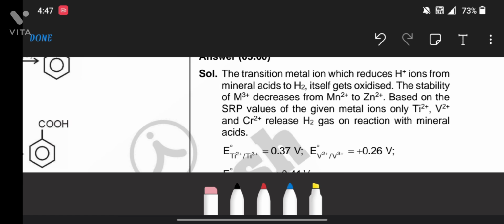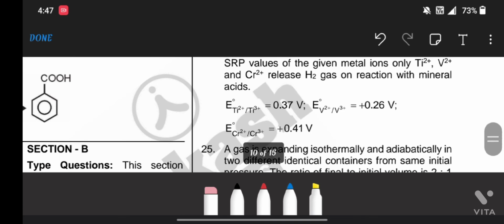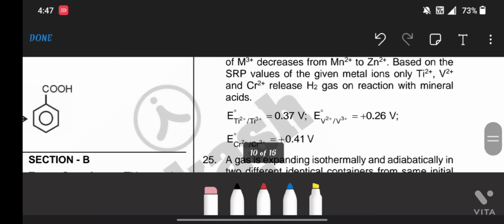If gamma is equal to 1.5 and both the processes are reversible, we have to find the ratio of the final pressure in the containers having isothermal and adiabatic processes respectively. For isothermal, P_i V is equal to P_f iso 2V.